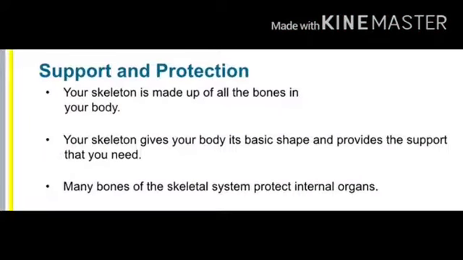Support and protection. Your skeleton is made up of all the bones in your body. Your skeleton gives your body its basic shape and provides the support that you need. Many bones of the skeleton system also protect internal organs. It helps to protect and keep the delicate organs of the body in their proper position.